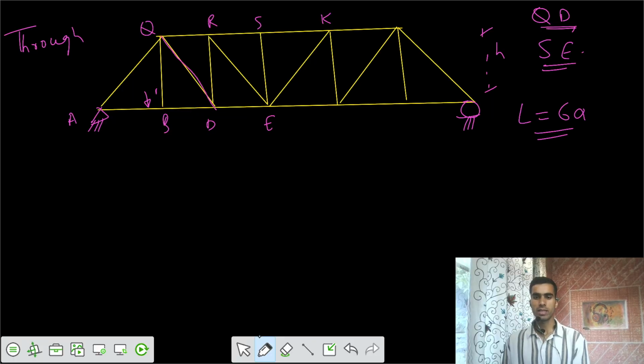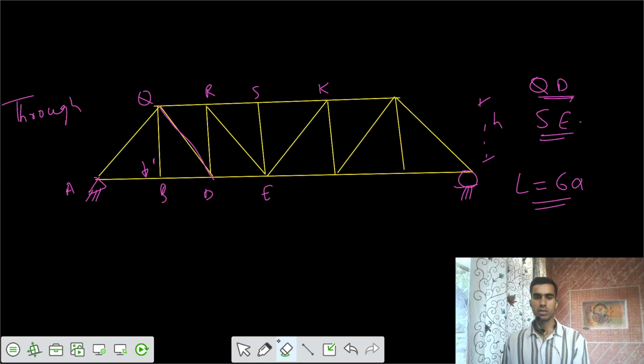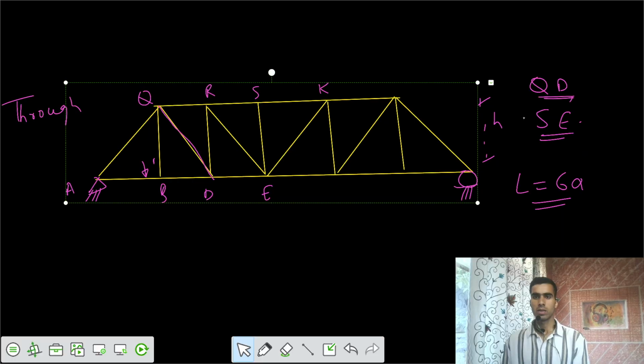So let's take the first case, the diagonal member QD. Let's copy it and drag.